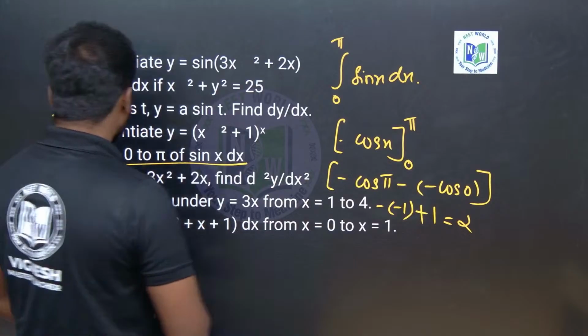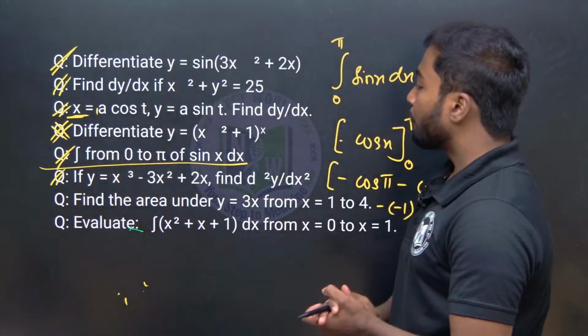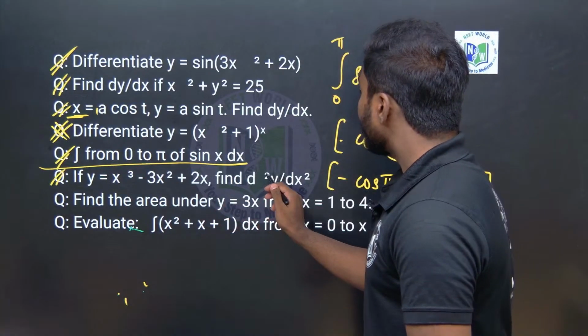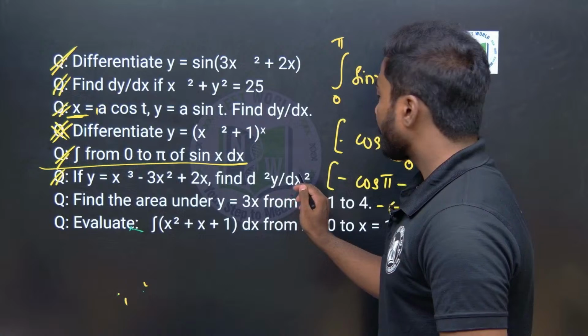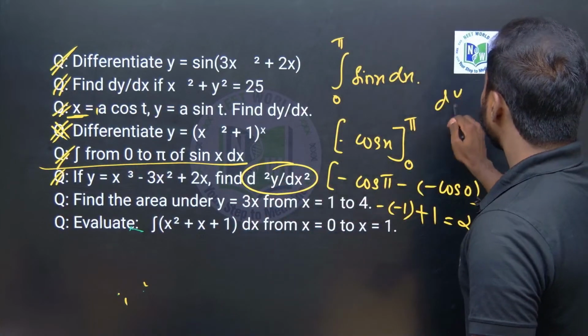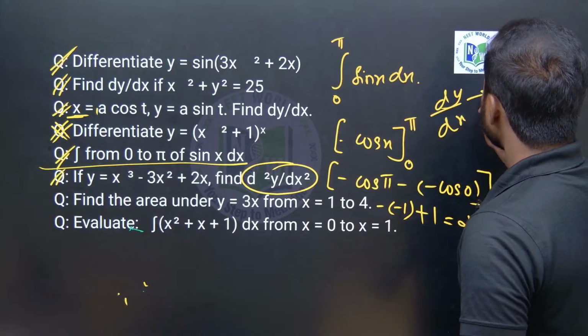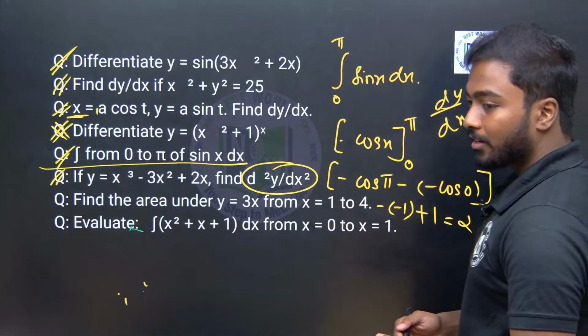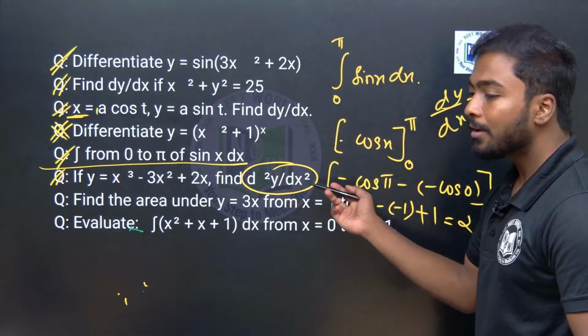What is the answer for the sixth question? If y = x cube minus 3x square plus 2x, find d square y by dx square. What is d square y by dx square? We have seen dy by dx, that is the first differentiation. If I want the second differentiation, that is d square y by dx square.